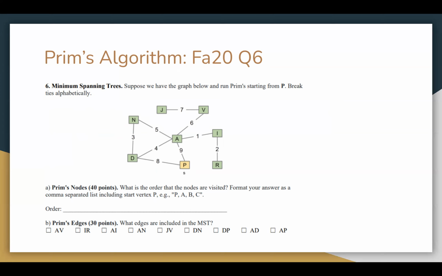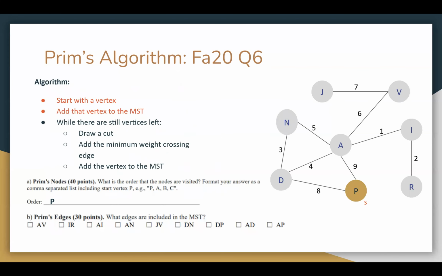Okay, so this is a question from fall 2020, and they've asked us to make a minimum spanning tree using Prim's on this graph, so I'll give a minute to work on it.